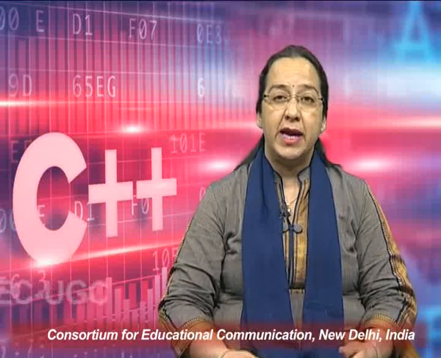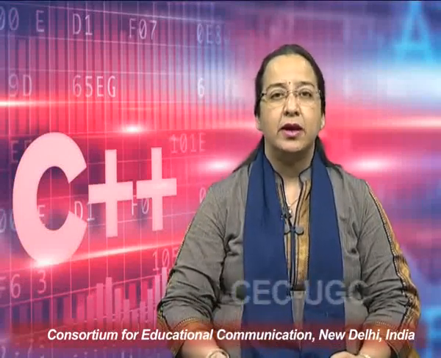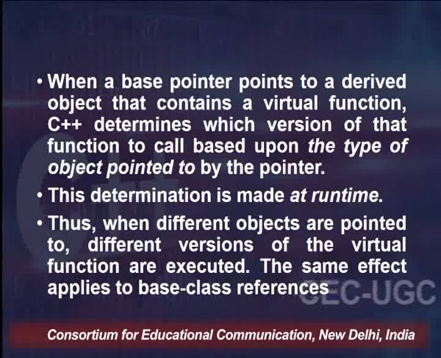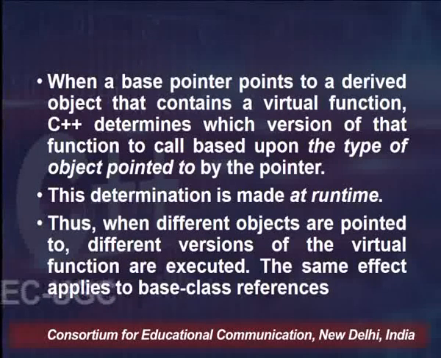So when a base pointer points to a derived object that contains a virtual function, C++ determines which version of that function to call based upon the type of object pointed to by the pointer, and this is determined at the runtime.